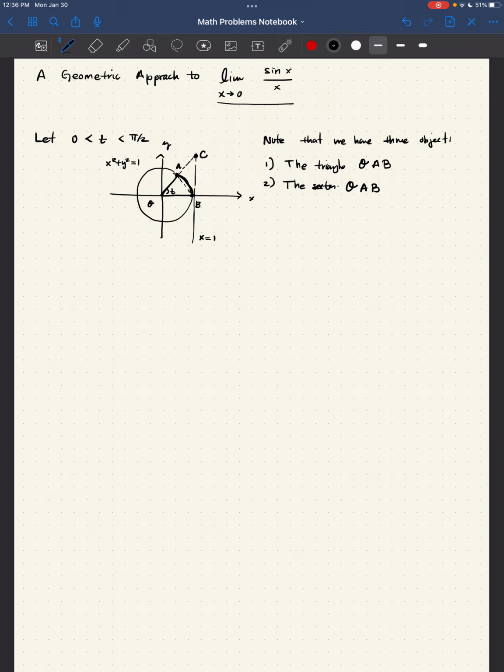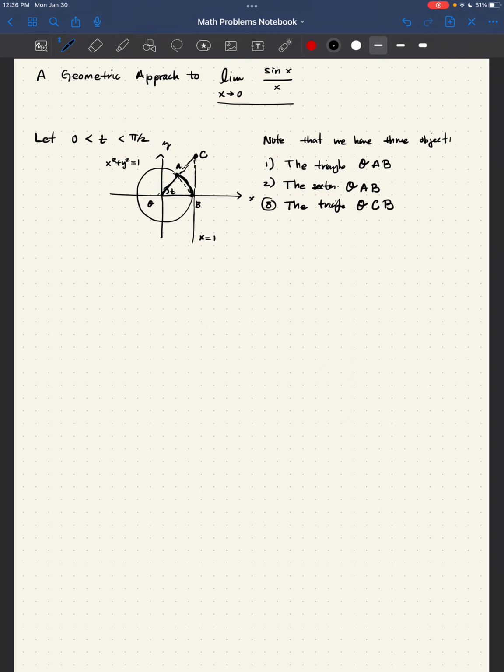And finally, third, the triangle given by the origin, the point C, and B. This one that I'm denoting here.